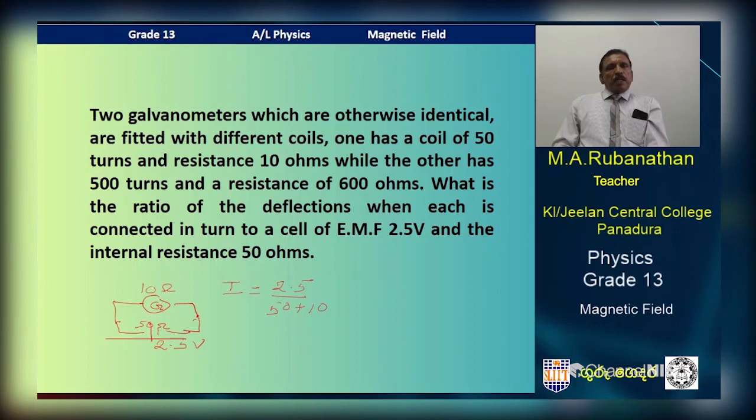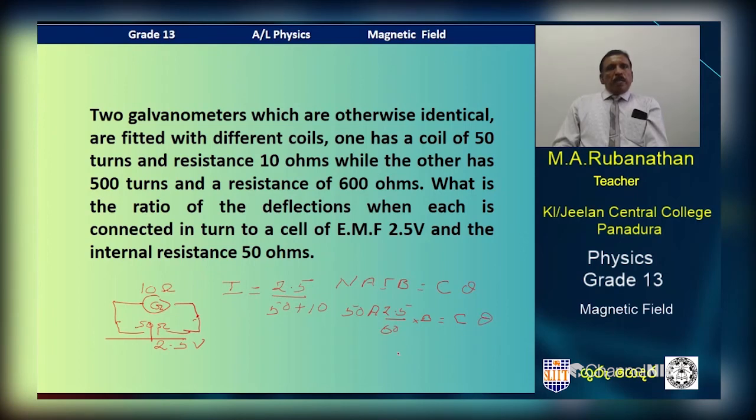Again you write the earlier galvanometer equation, NAIB is equal to C theta. The only change is N, because all others are identical for the two galvanometers. So N is equal to 50 turns, and A, and I is 2.5 over 60, into B is equal to C into theta.